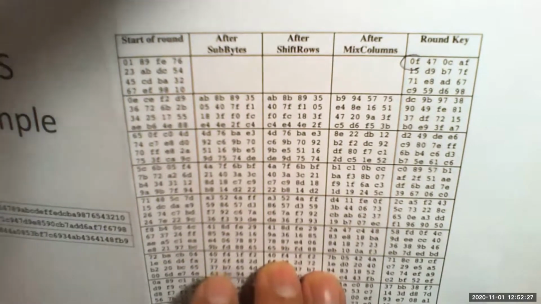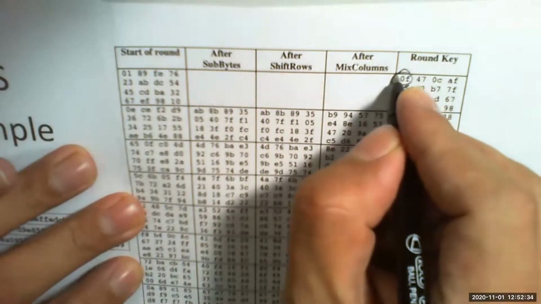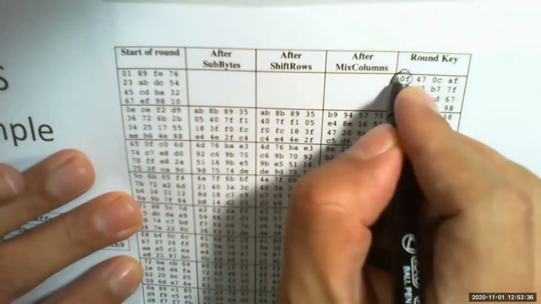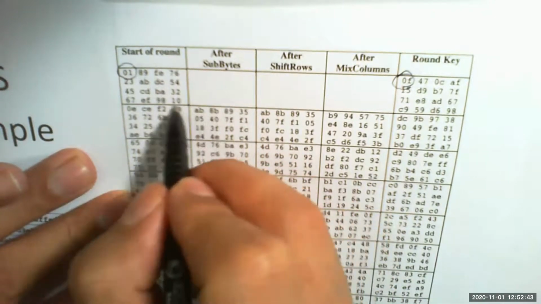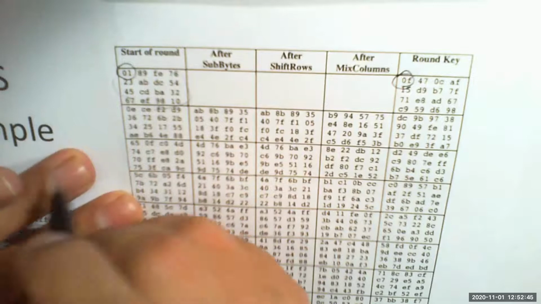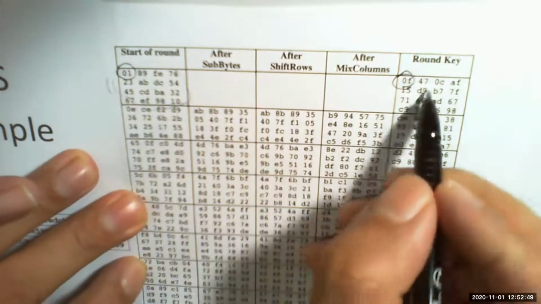Okay, that's good. Here we have 0f. Here is a round key. I take the round key and XOR it at the beginning. This is the input text, and I want to encrypt this input text. And this is the round key.